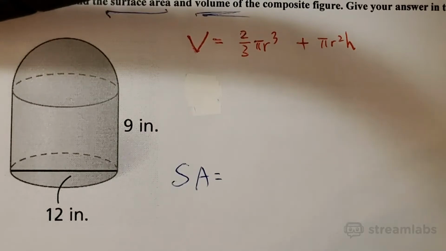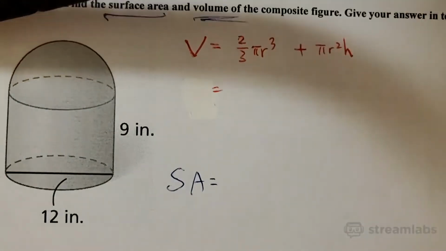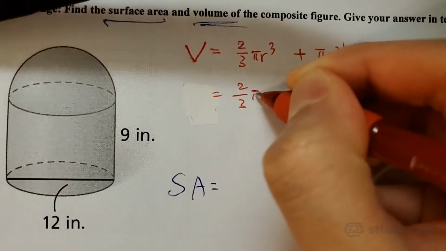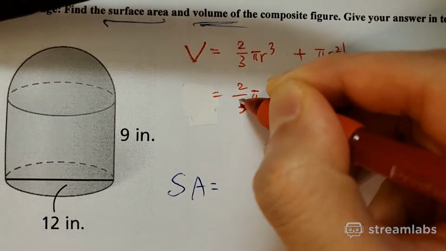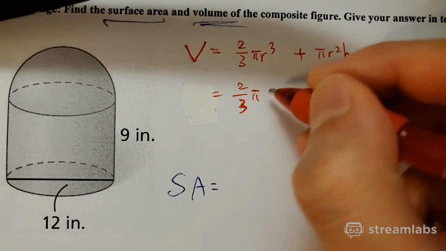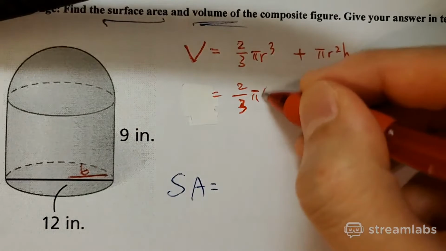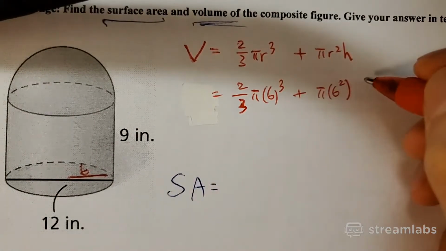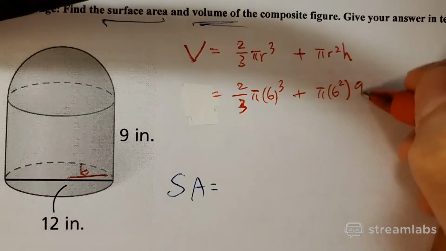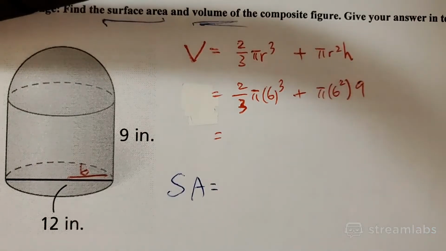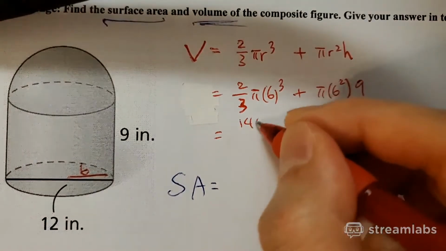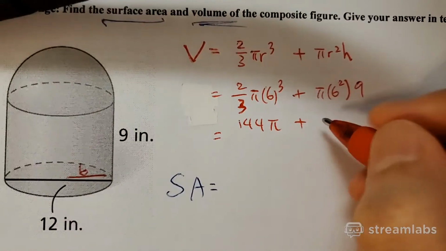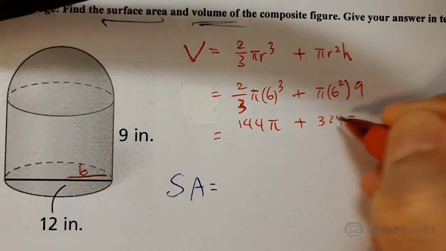And then you just calculate, right? So 2/3 pi r is 6, so 6 cubed, plus pi 6 squared times h is 9. I think this is 144 pi plus 324 pi.